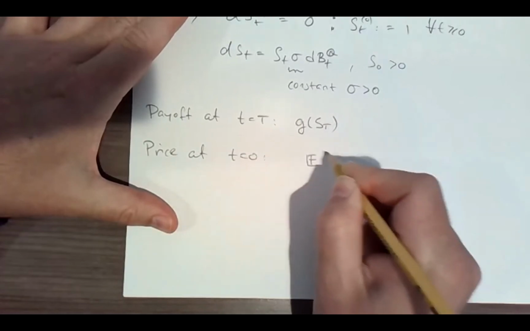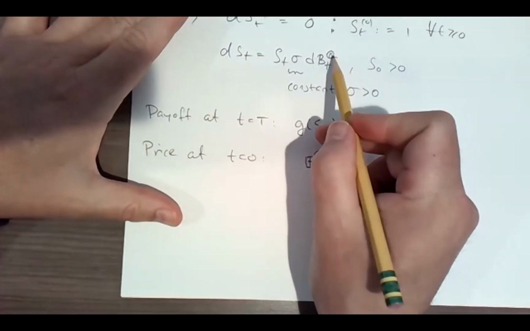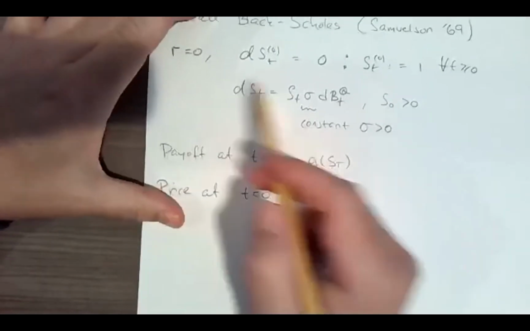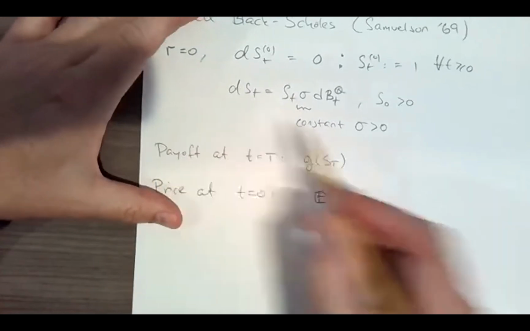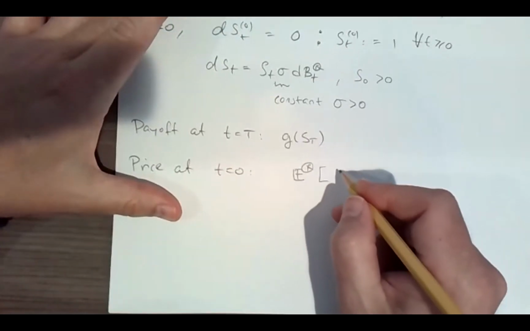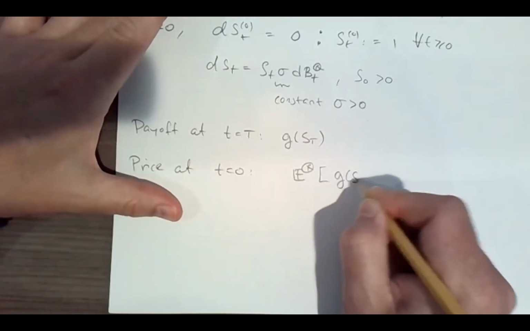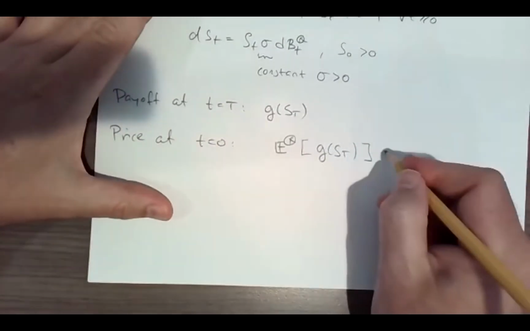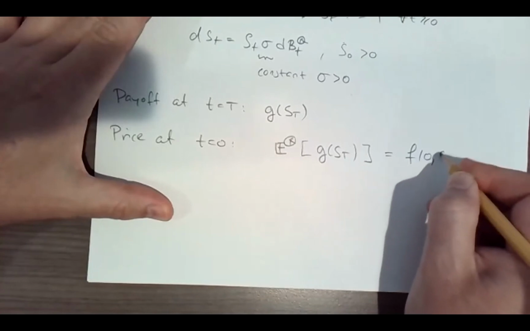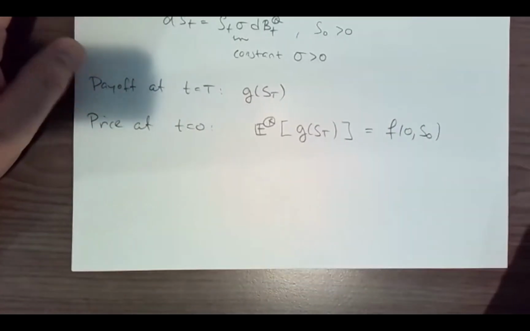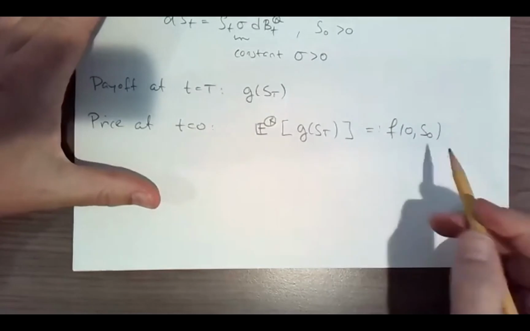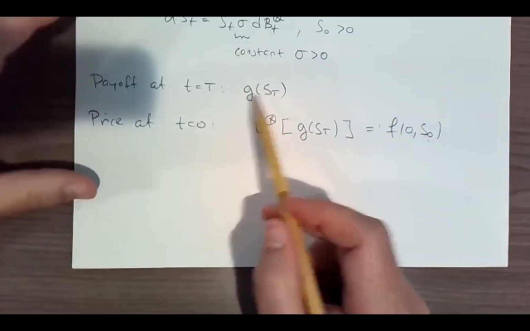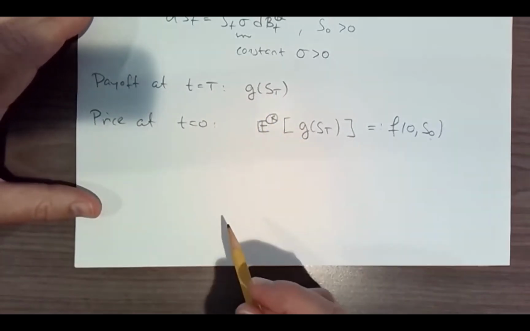That's going to be this expectation under that risk neutral measure. We have a martingale property under that one. You don't need to discount because the interest rate was set to 0 just for simplicity. So we'll have to compute this conditional expectation, and this is our F of 0, S_0. That's the price at time 0 of getting the payoff G of S_T at time capital T.